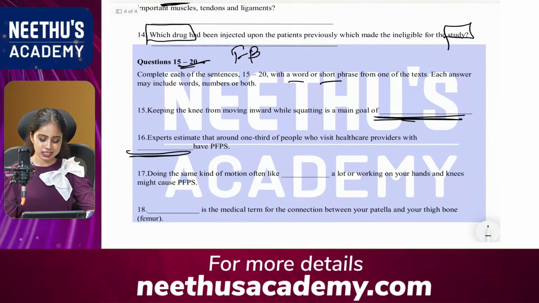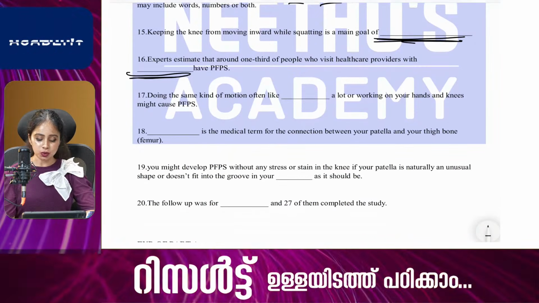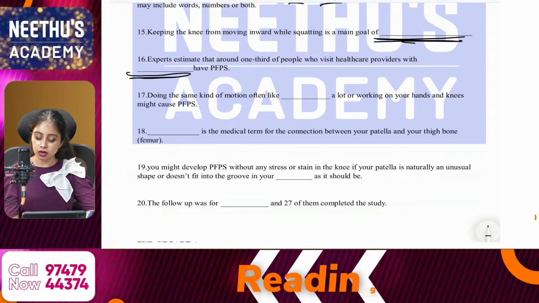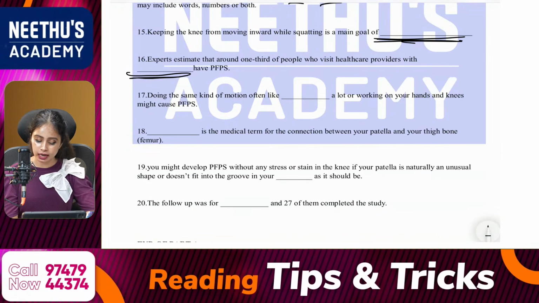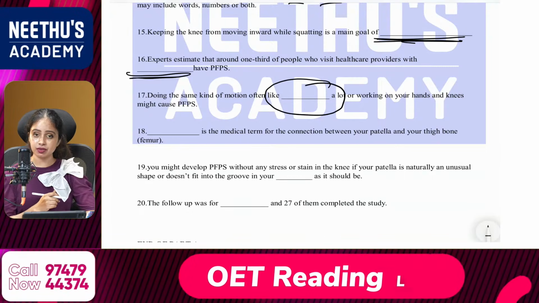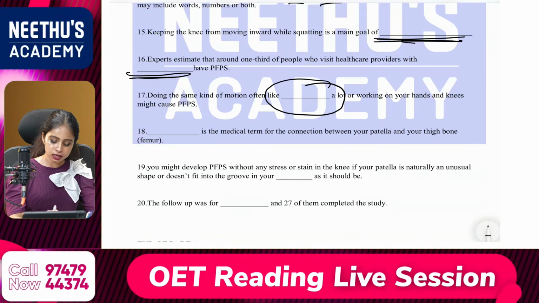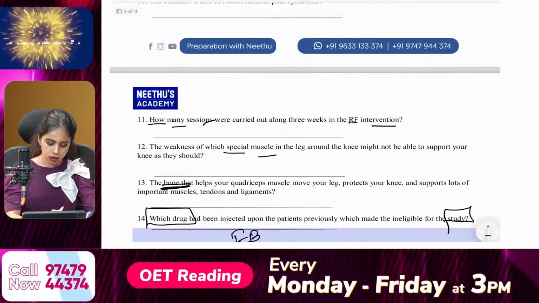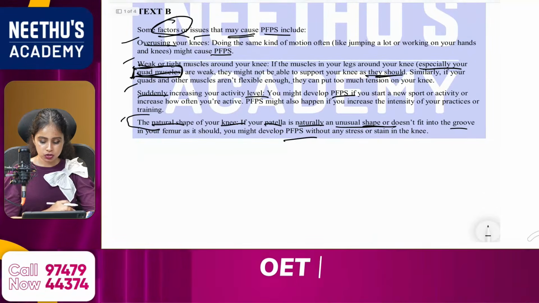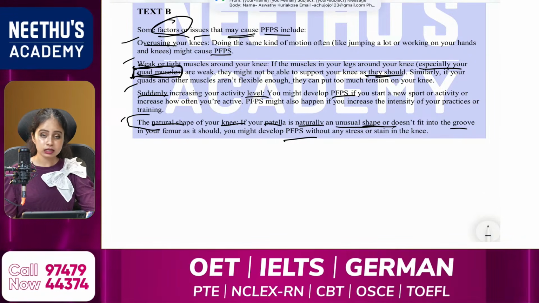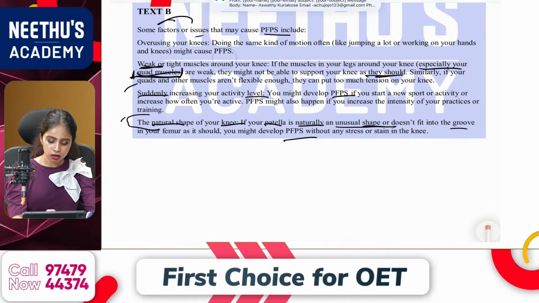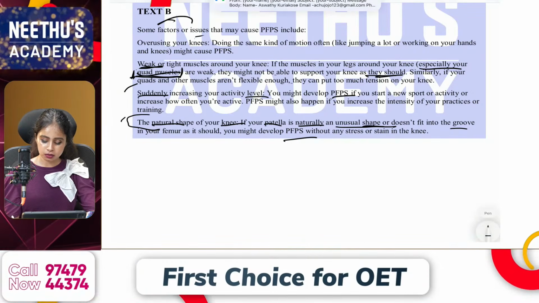Okay, then the 17th one. Doing the same kind of motion often like dash, a lot or working on your hands and knees might cause PFPS. So what is the missing word here? That answer is from text B. From the second point, very clearly it is because of jumping.